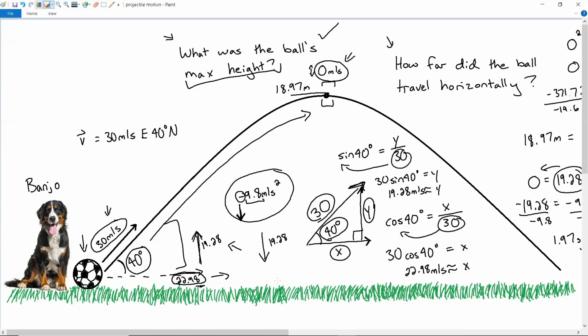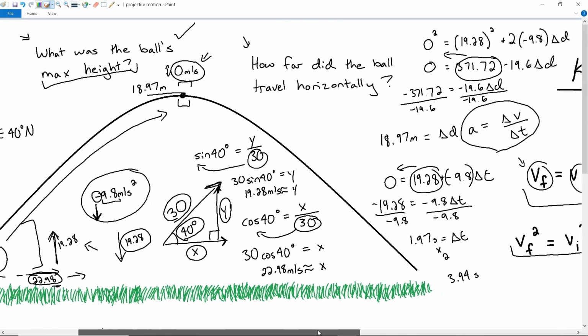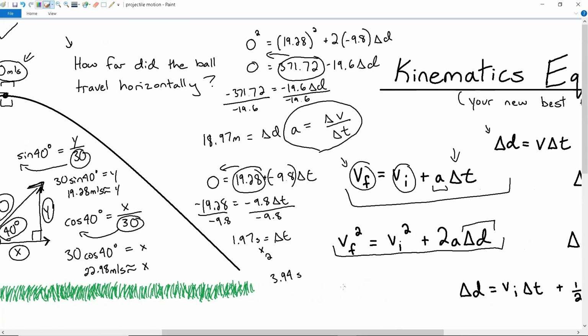Because there's no other forces at play here. So if there's only acceleration working, we're going to have the same speed. And I'll show you that we'll actually get the same value. So instead of a 0 as my final velocity, I'm just going to set it as a negative 19.28 to show that it's in the opposite direction.